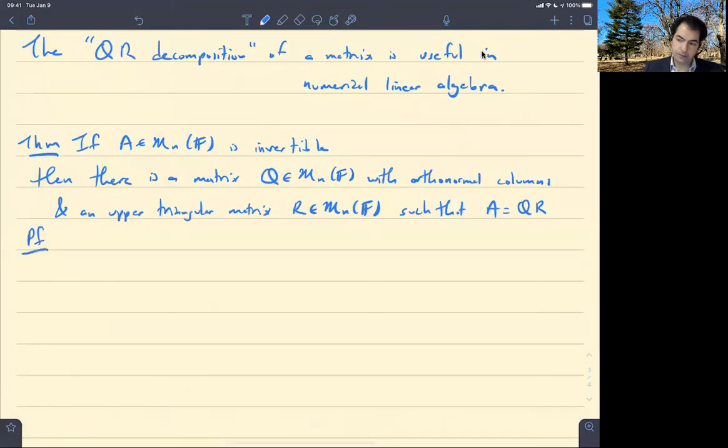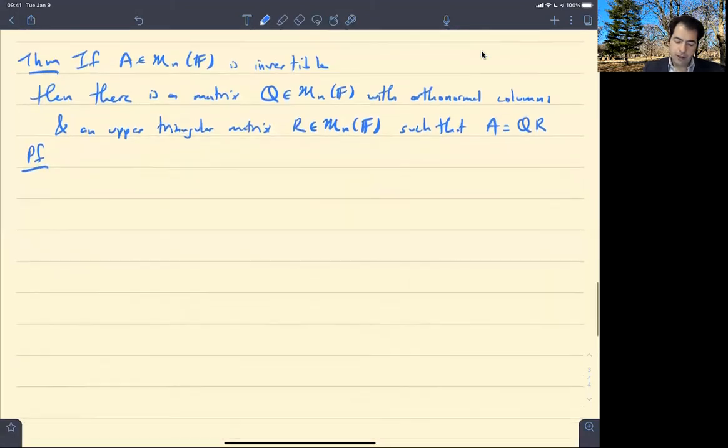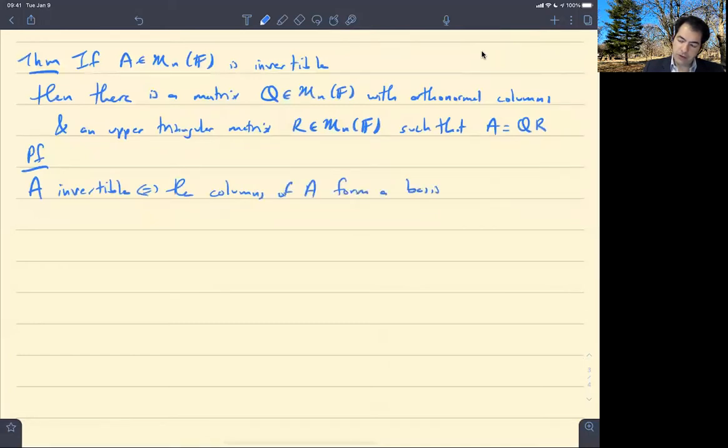Okay, let's prove that we can do this. Well, we know that A is invertible. So that's equivalent to knowing that the columns of A form a basis of Fn.